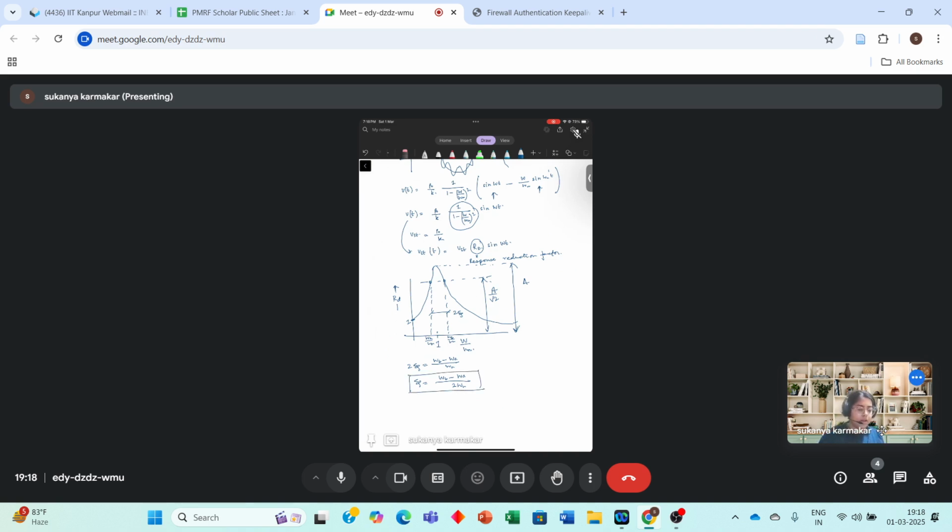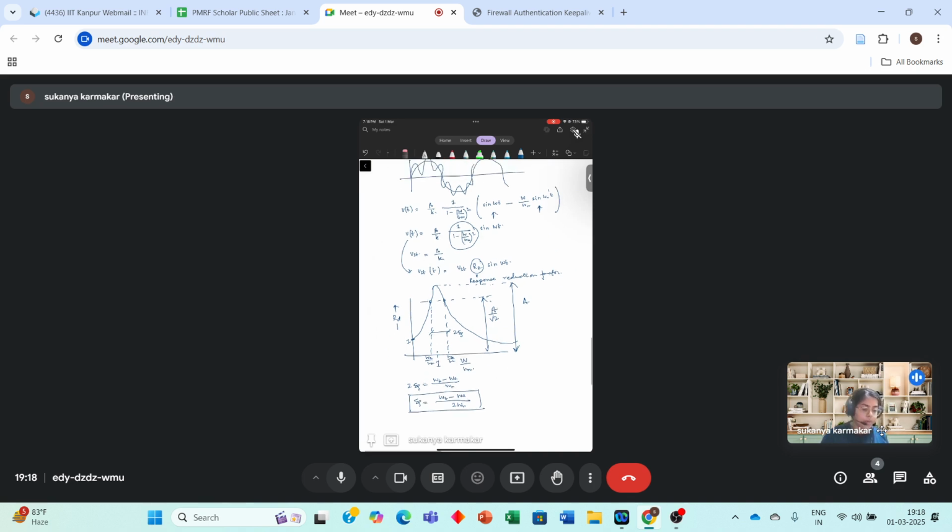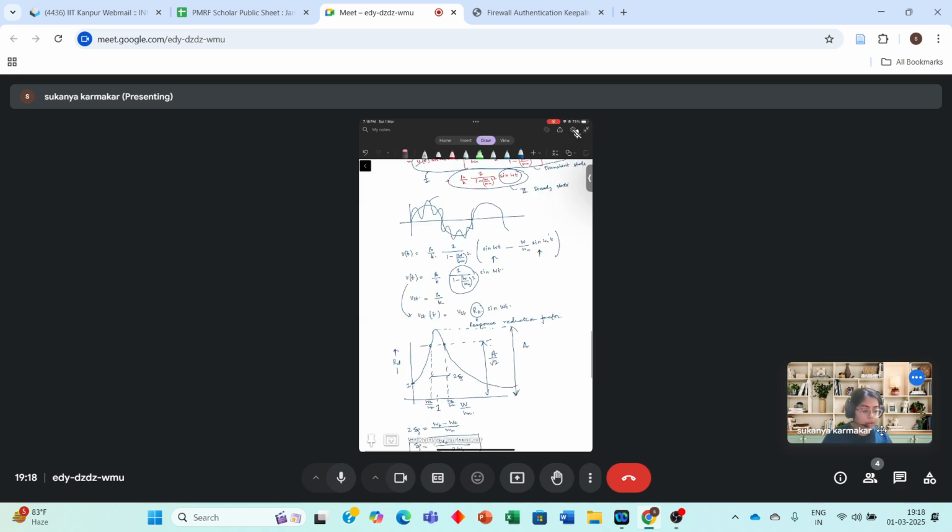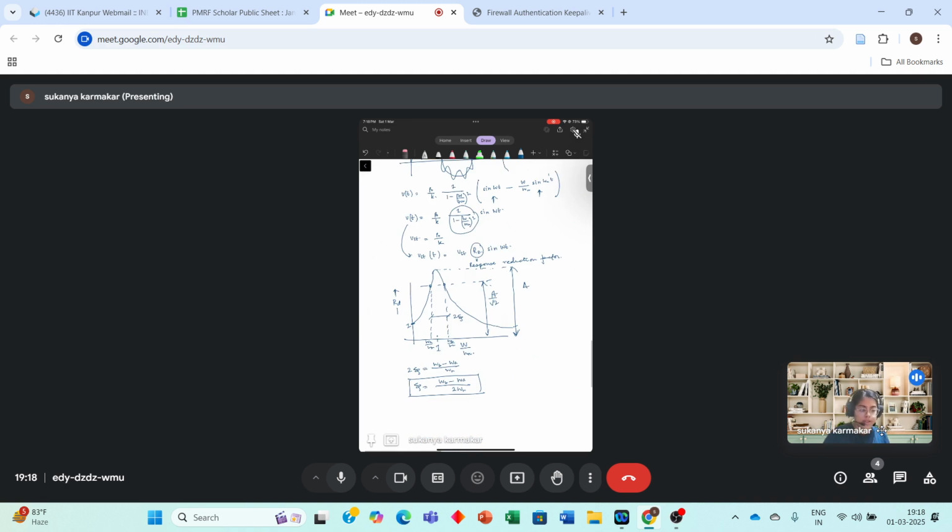So this is a basic idea of the half power bandwidth method. And here I talked about the response reduction factor RD. There are other factors as well, like RV, RA, and this has been discussed in the lectures. For this context, I just need RD. That is why I discussed that.